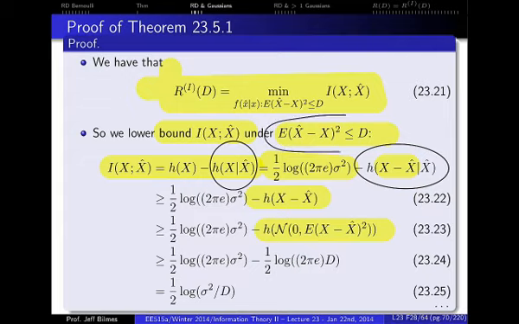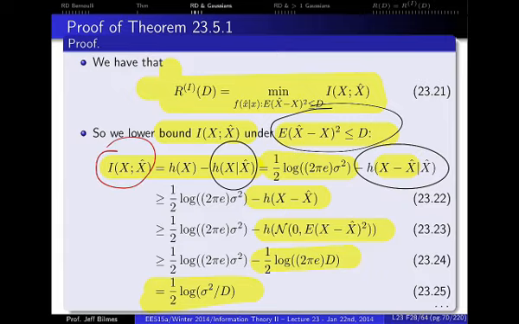This distortion constraint is assumed to hold true. And so therefore, that's a further upper bound, and we get the distortion here, which gives us a lower bound. And then we just combine the logs, and we get 1/2 log of sigma squared over d. Okay, so now we've got this lower bound. So what we have is that this quantity, the mutual information, is an upper bound of this quantity here.